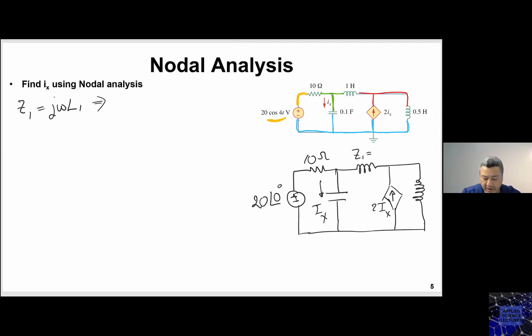So here omega is 4 radians per second, right? So Z1 is j4 times L. L is 1 Henry. So Z1 here is j4, and the unit is ohm.